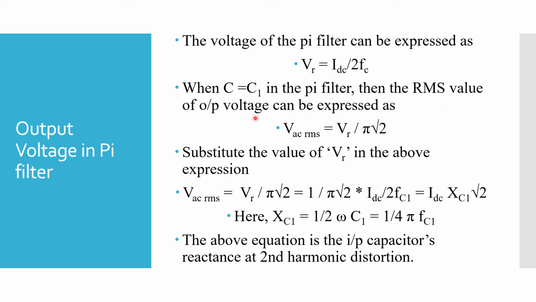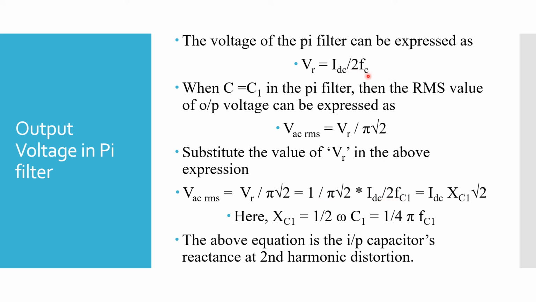Then the RMS value of this output voltage is given by VAC RMS is equal to VR by pi root 2. When we substitute the value of this VR over here, our equation becomes VAC RMS is equal to VR by pi root 2, which is nothing but 1 by pi root 2 into IDC upon 2FC1.